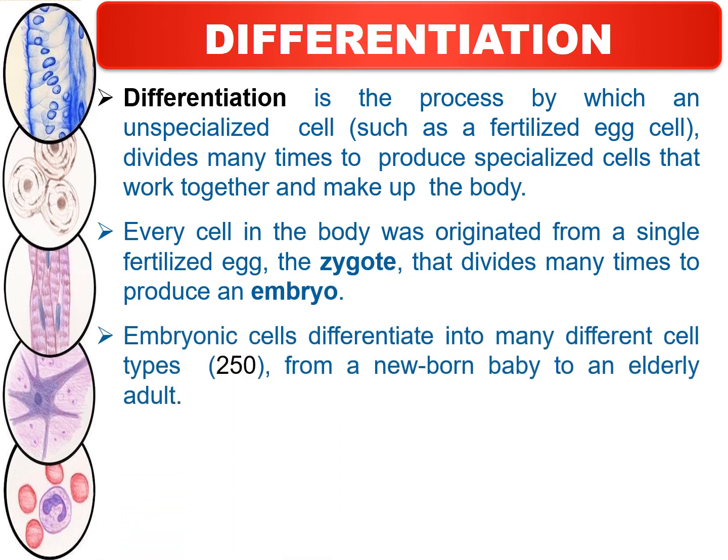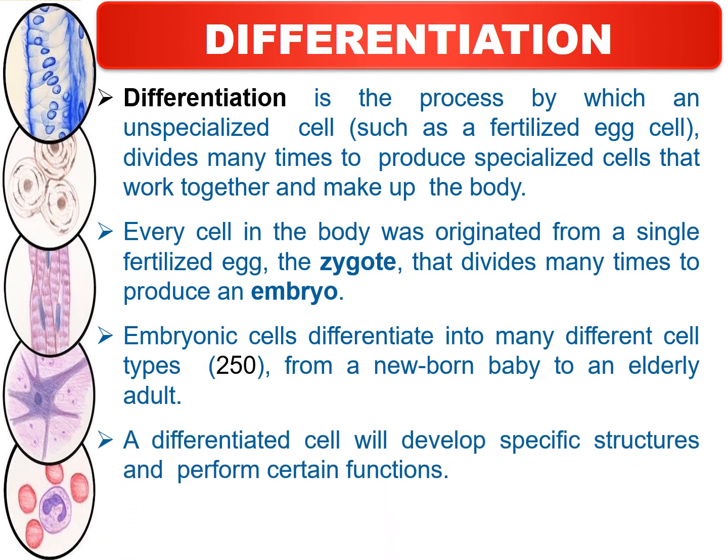Then these embryonic cells differentiate into many different cell types, approximately 250 types of cells, and form a newborn baby to an elderly adult. So, a differentiated cell will develop specific structures and perform certain functions.